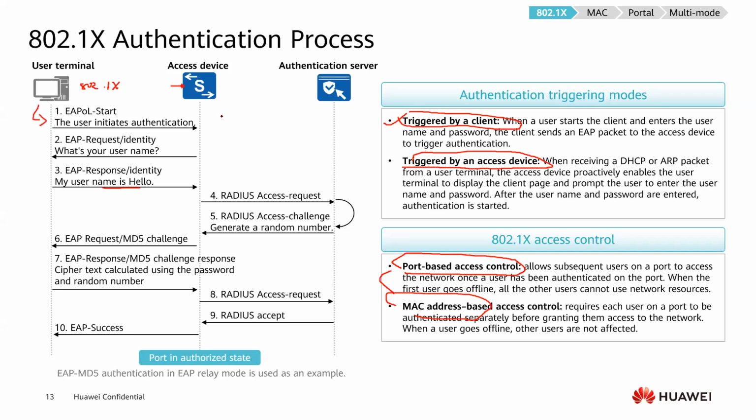So when the access device receives this identity information, it will encapsulate the EAP response identity packet into a RADIUS packet, because we use EAP relay mode as an example.